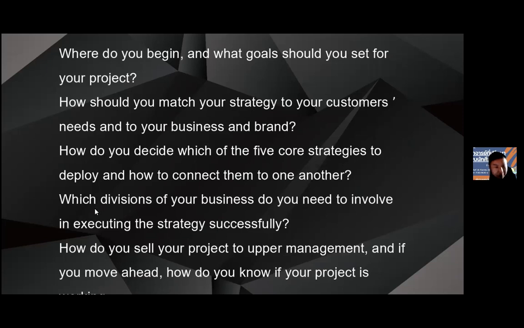The next one is, which divisions of your business do you need to involve in executing the strategy successfully? The next one is, how do you sell your project to upper management? And if you move ahead, how do you know if your project is working?